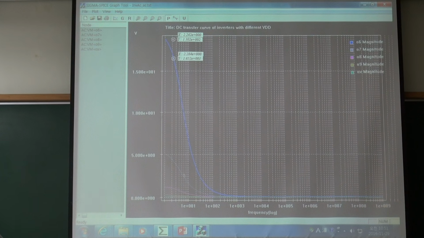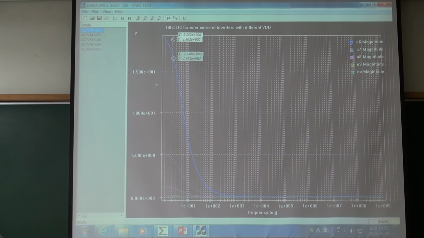The cutoff frequency is even lower than 1 hertz. So 0.5 volt is no good in AC characteristic. Those have much smaller gain. I mean, 0.1 and 0.2 have gain less than 1.